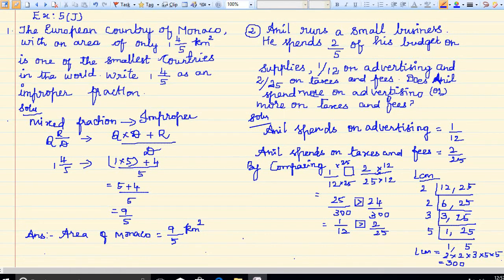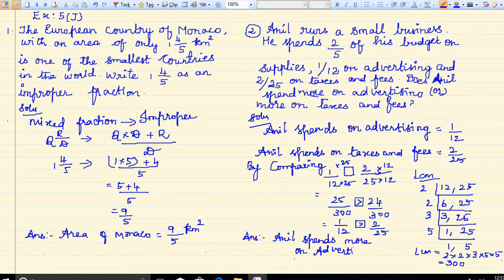So now I am going to write the answer for this: Anil spends more on advertising. Anil spends more on advertising.